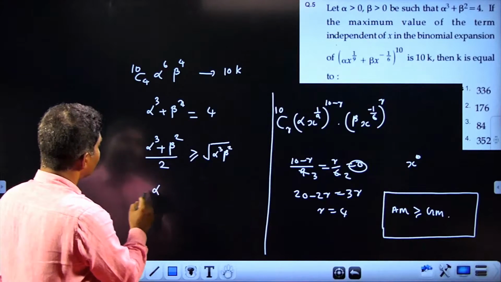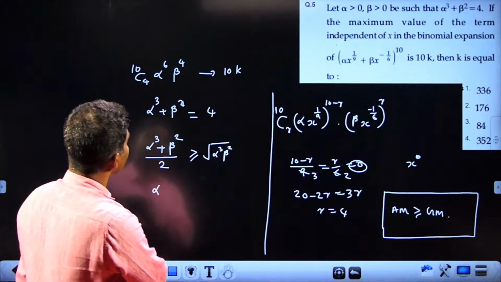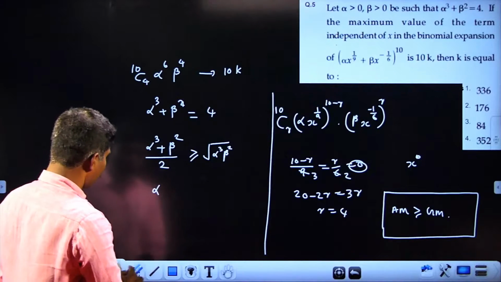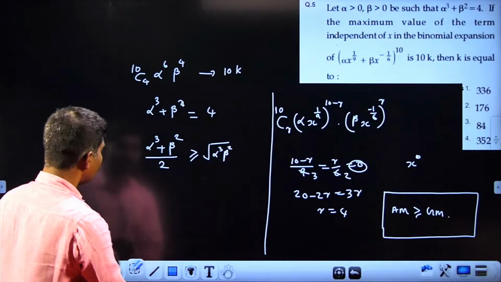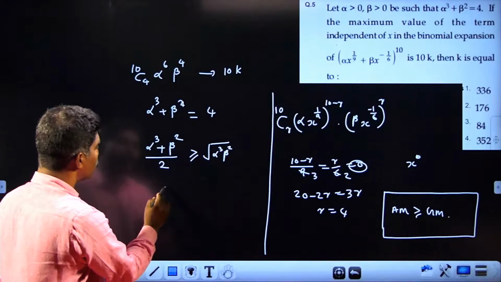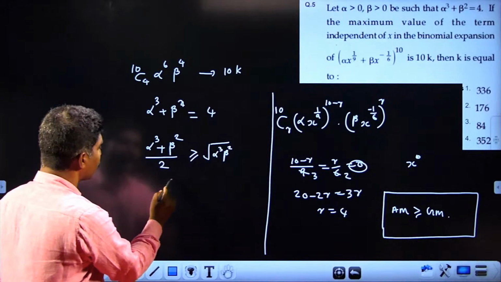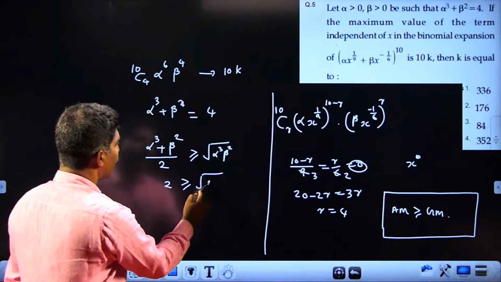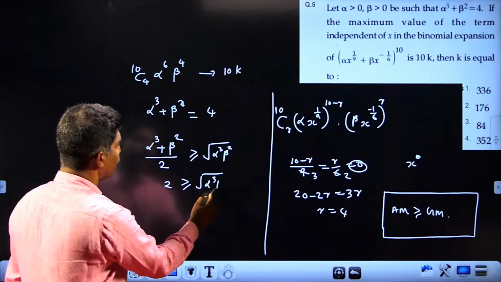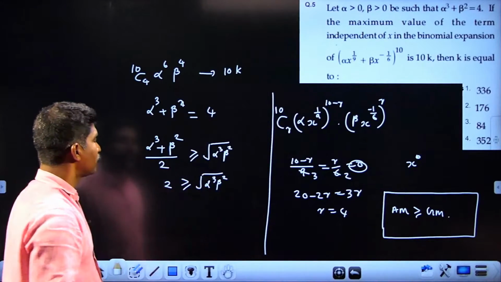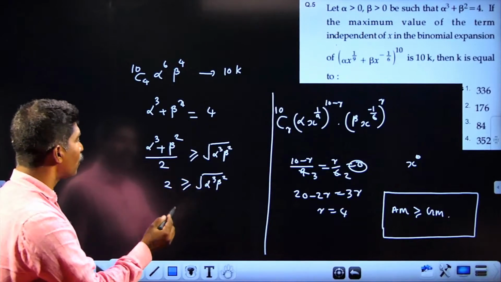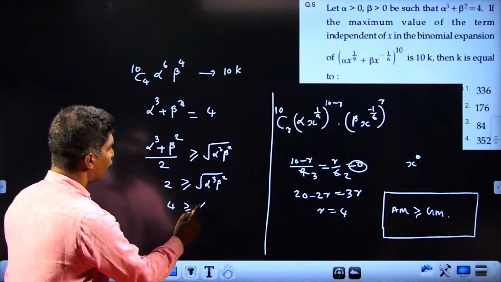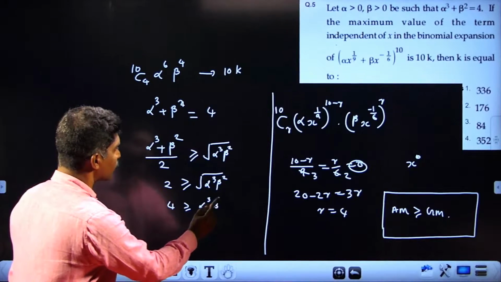Therefore, alpha cube plus beta square is 4, so 4 by 2, that is 2. 2 is greater than or equal to root of alpha cube into beta square. Taking the square on both sides, 4 is greater than or equal to alpha cube beta square.